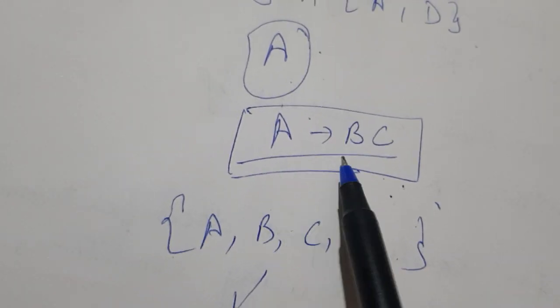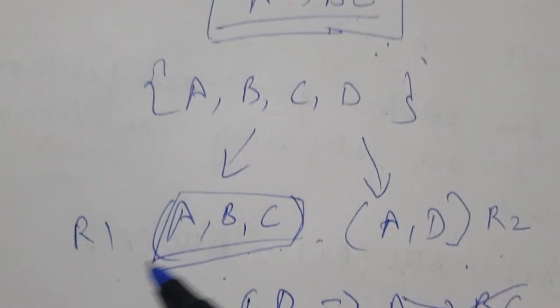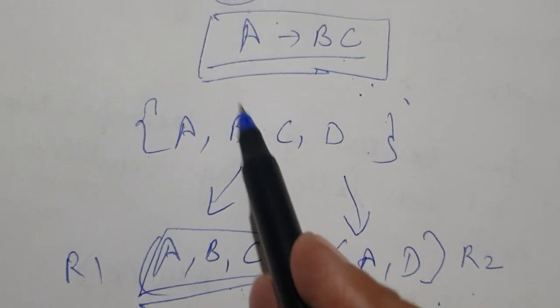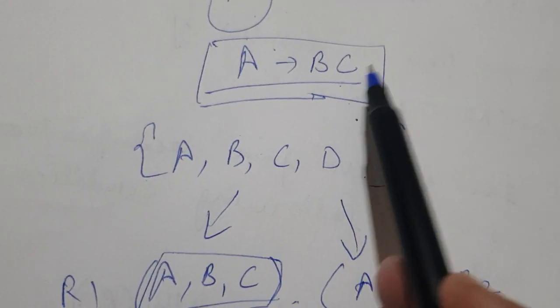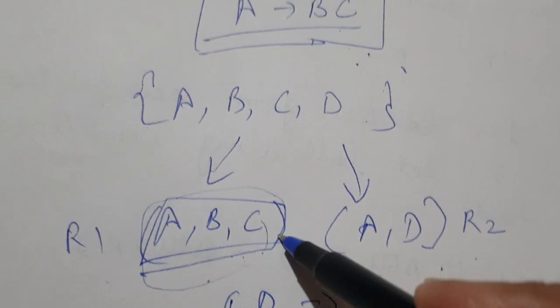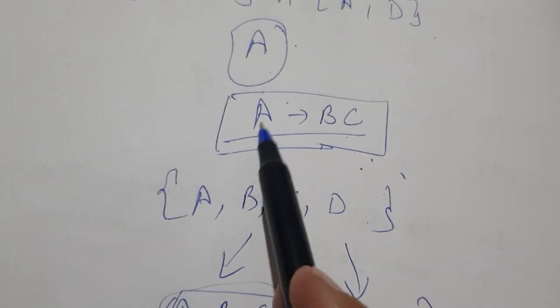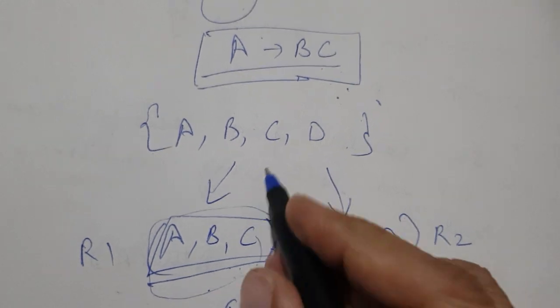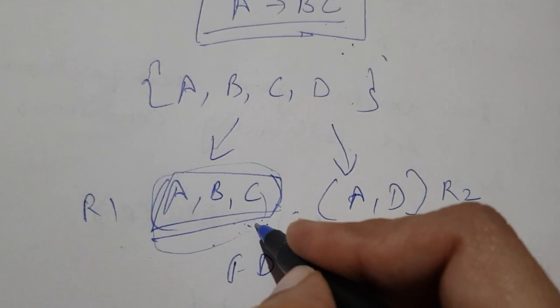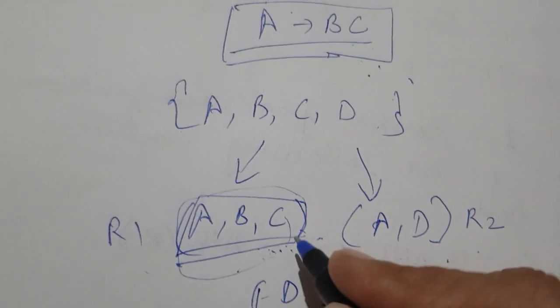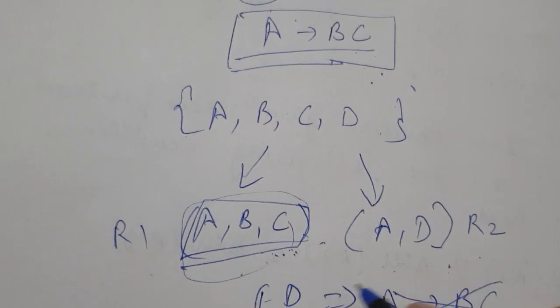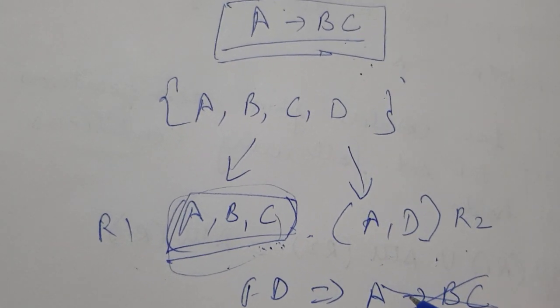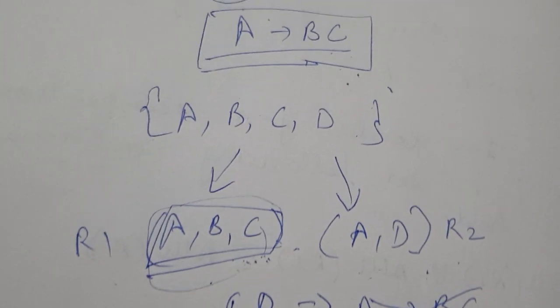Now if I compare A to BC with R1, this functional dependency holds, because all the attributes in the functional dependency are present in R1. So we say this is dependency preserving also. So this decomposition is lossless as well as dependency preserving.